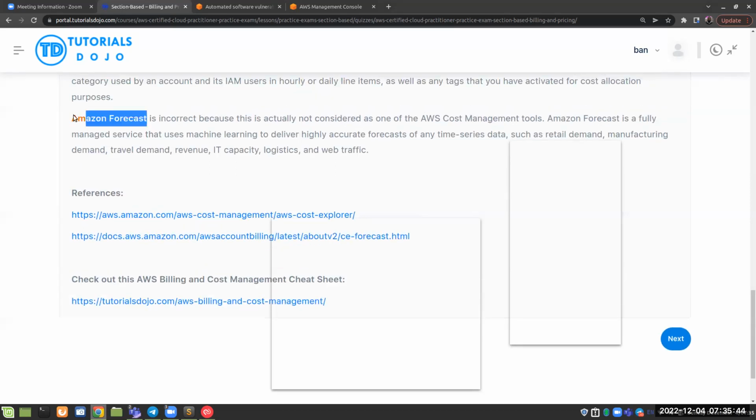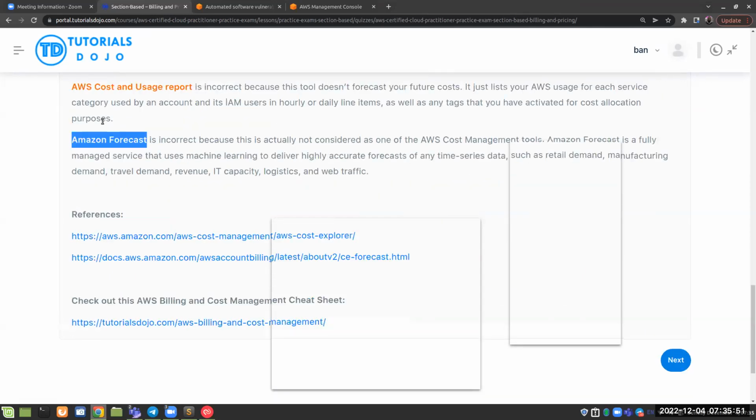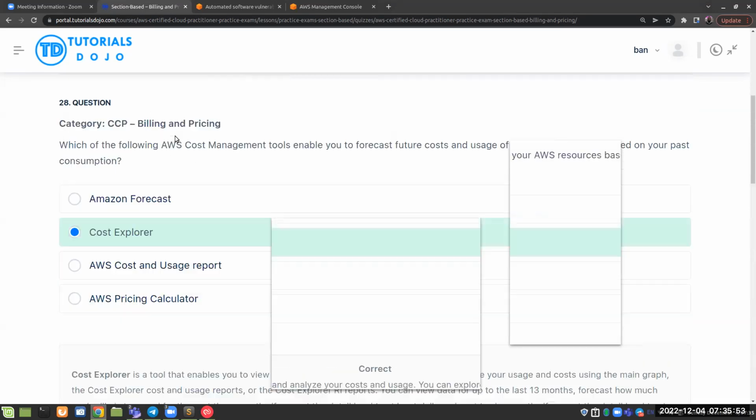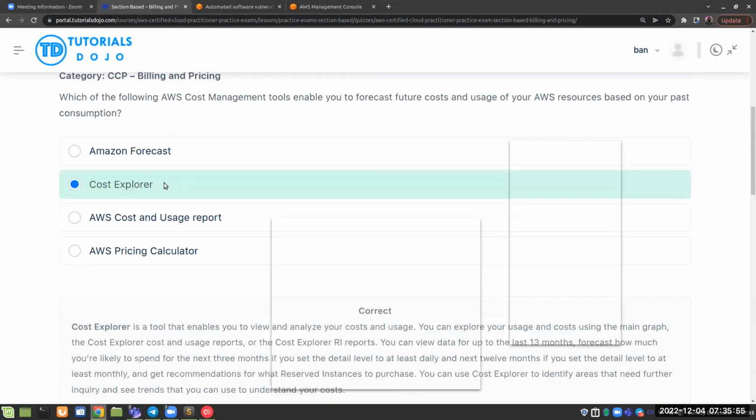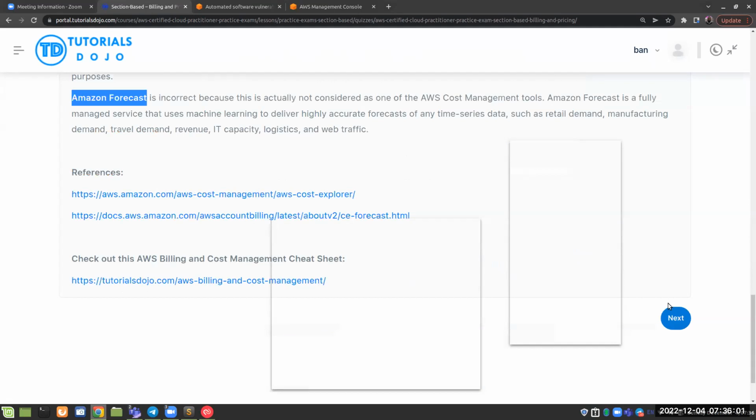So Amazon Forecast is something else. It has nothing to do with billing and pricing, but it's a good service to know. Just because we are looking at forecast doesn't mean that. Cost Explorer will tell you what's happening in the future. Let's move to the next question.